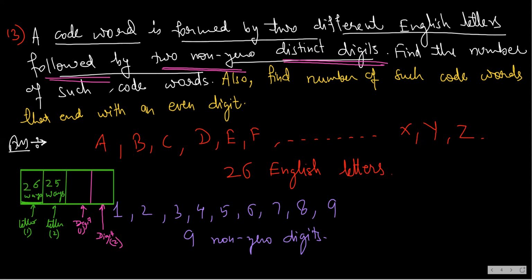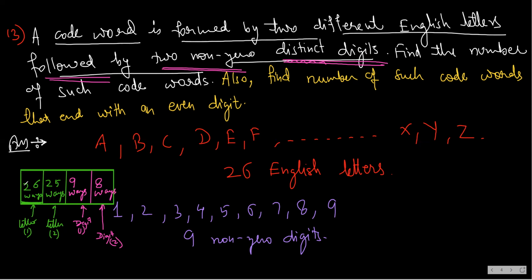Now you know students that as such there are 10 digits, but in those 10 digits you have 0. So here you have 9 non-zero digits. So you can have the first digit selected in 9 ways, and the second one you can select in 8 ways. Once again, it has clearly stated two non-zero distinct digits. So this is 8 ways.